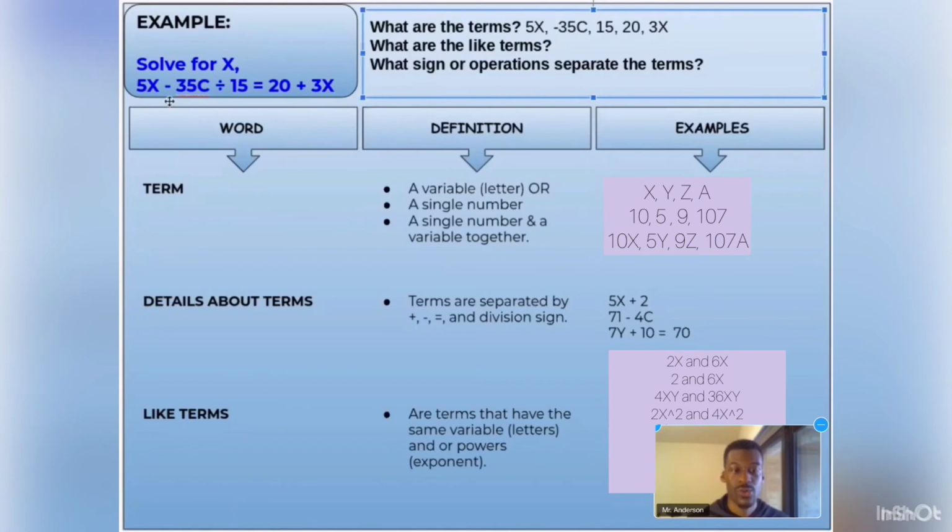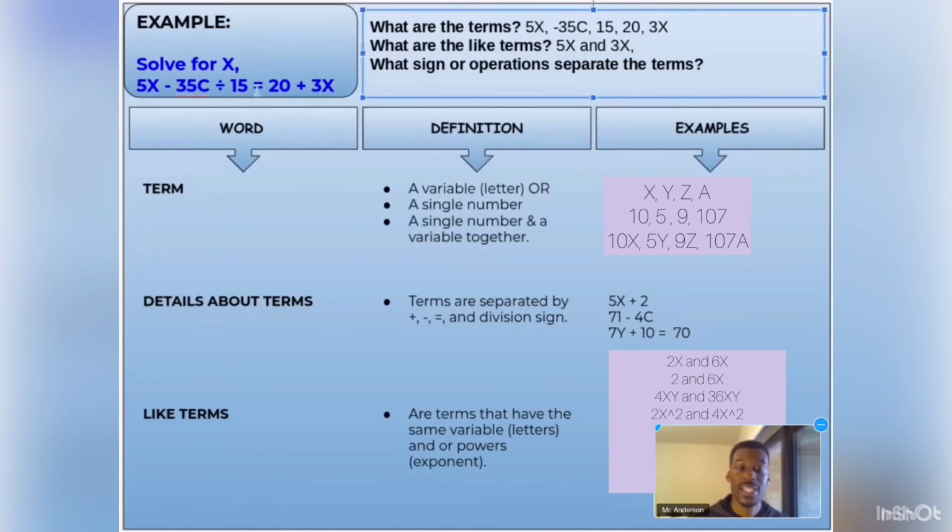So the 5x and the 3x, those have the same letter, so we can say that those are like terms. 5x and 3x. Definitely like terms, no questions, hands down. Well, the negative 35c, I don't see anything else there with a c behind it. So that's not a like term for anything, okay? So we don't have to worry about that right now.